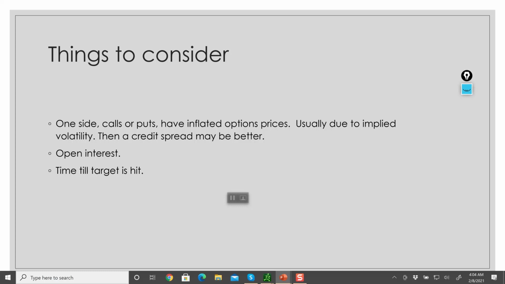And then another thing to consider is the target, or time till your target is hit. So you get your most profit when a lot of your premium decays on your short strike. So say I entered a 30-day vertical like that 20-25 bull call spread, and it's 30 days out, but it gets to 25 the next day.